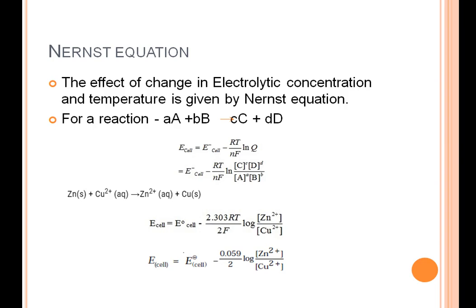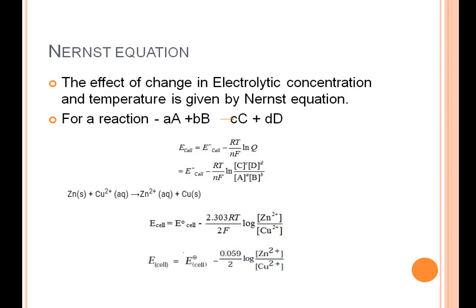For this particular reaction, Q will be equal to active mass of C raised to the power number of moles of C into active mass of D raised to the power number of moles of D, upon active mass of A raised to the power number of moles of A into active mass of B raised to the power number of moles of B. If we take a specific reaction, Zn plus Cu2+ changes to Zn2+ plus Cu, then you can write the formula as: EMF at any concentration will be equal to standard EMF minus 2.303 RT upon 2.